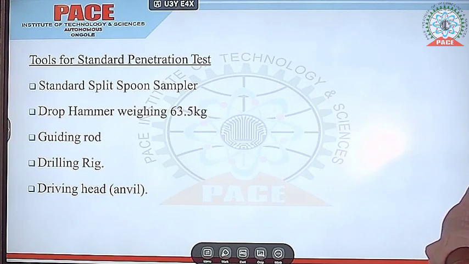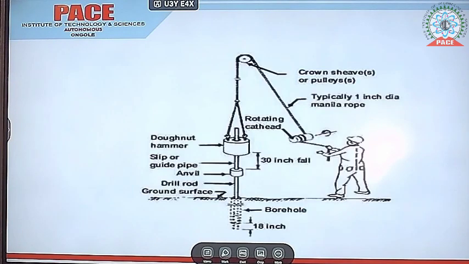So these are as shown in the figure. In this figure you can see the anvil, the drill bit, and the weight of the hammer, 63.5 kg, that is the dropping hammer. All are shown in the figure.